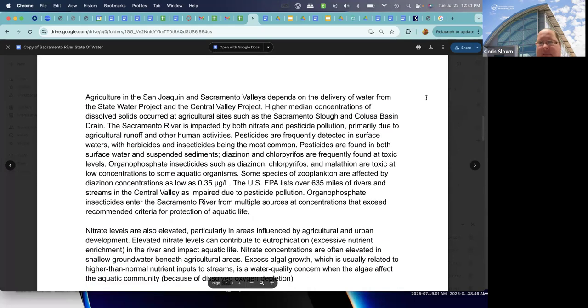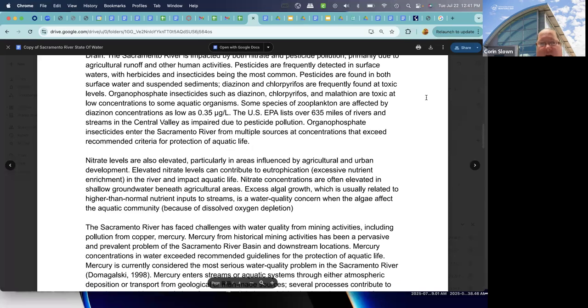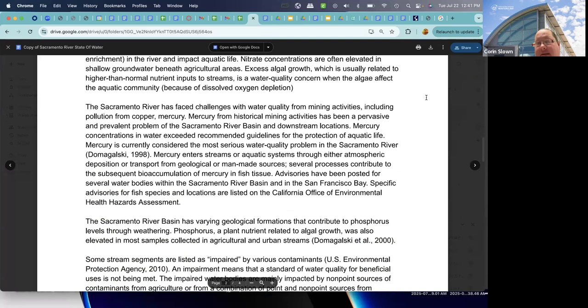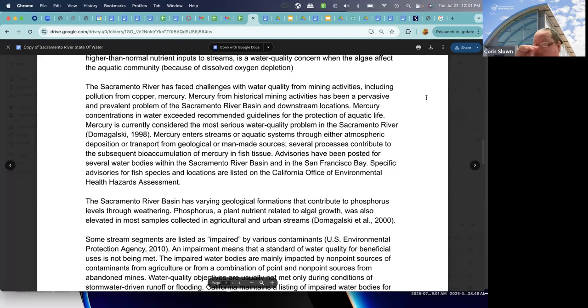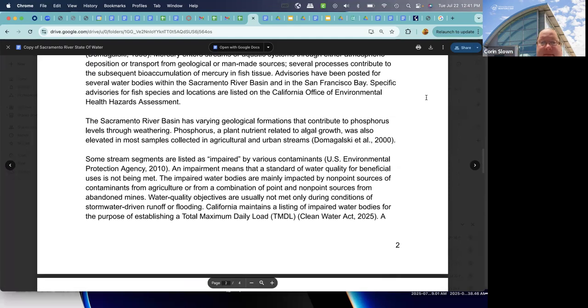This particular water site is vulnerable to agricultural use and the potential runoff that comes from that. But it's also been polluted by mining activities, particularly mercury, which is really bad in that space. And then there's some weathering that occurs that also contributes to other levels such as phosphorus.